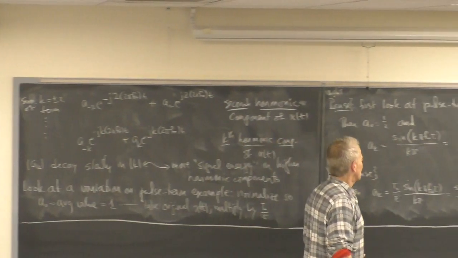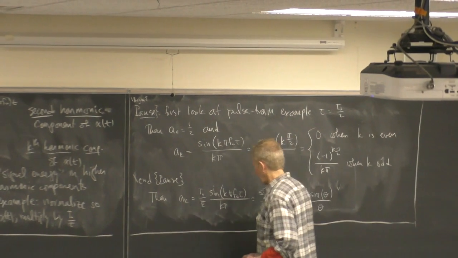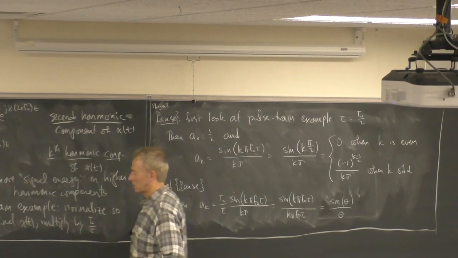But anyway, what happens when tau is really small? When tau gets smaller and smaller?